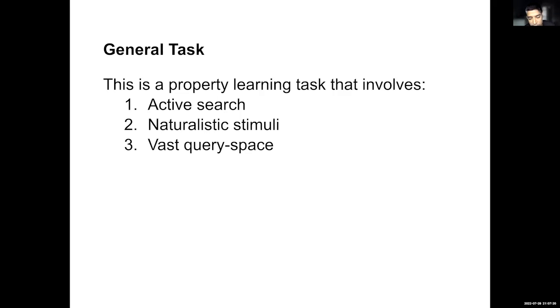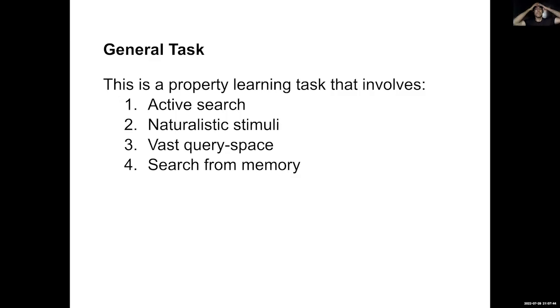And again, there's a vast query space because there are hundreds, thousands of food items that you can ask me about. And lastly, because there's a vast query space of objects that people know about, what this task also involves is search through memory. In many ways, a semantic memory search task. You have to retrieve items, different types of foods, from your mind, and use them in your queries.